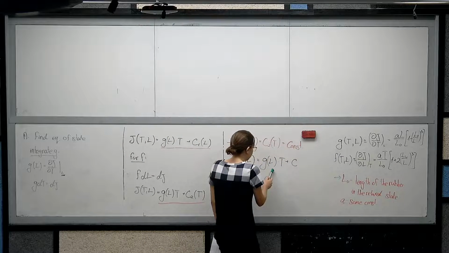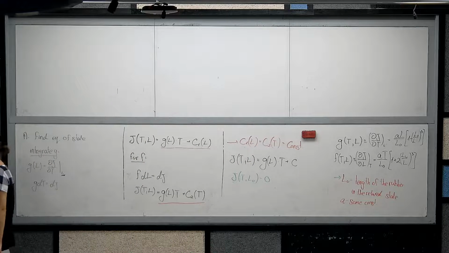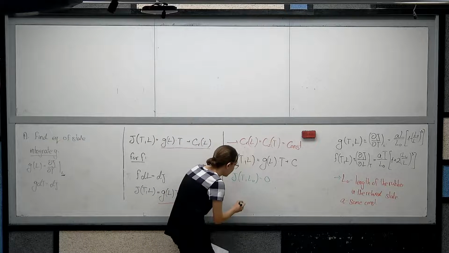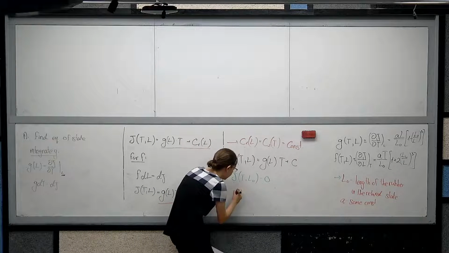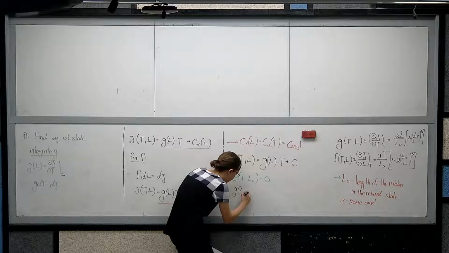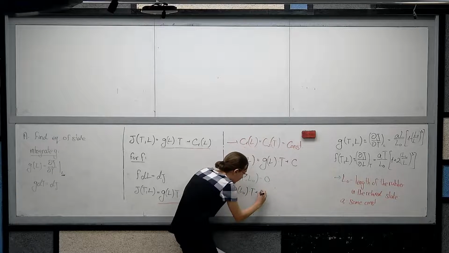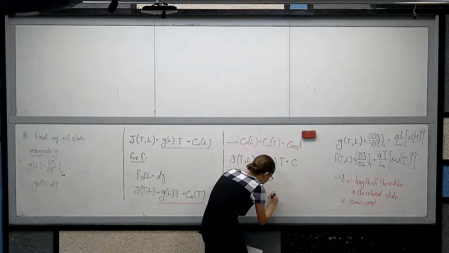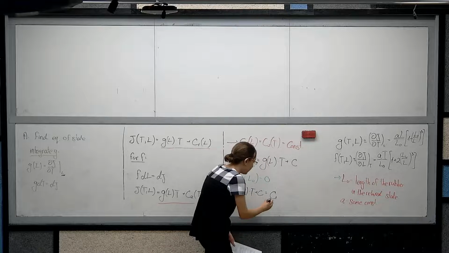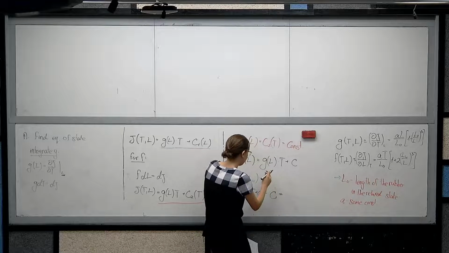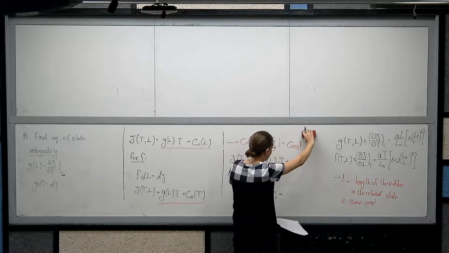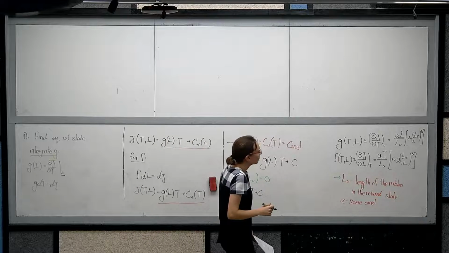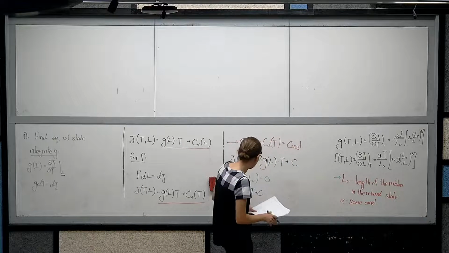Okay, let's insert it here. So we're getting G(L0) times T plus C, and this equals 0.